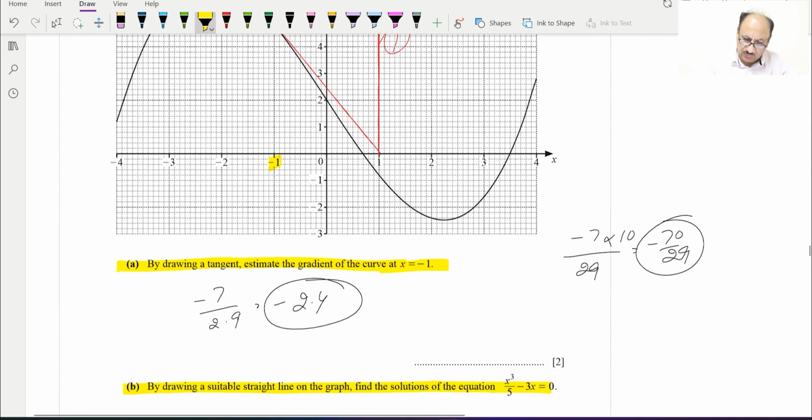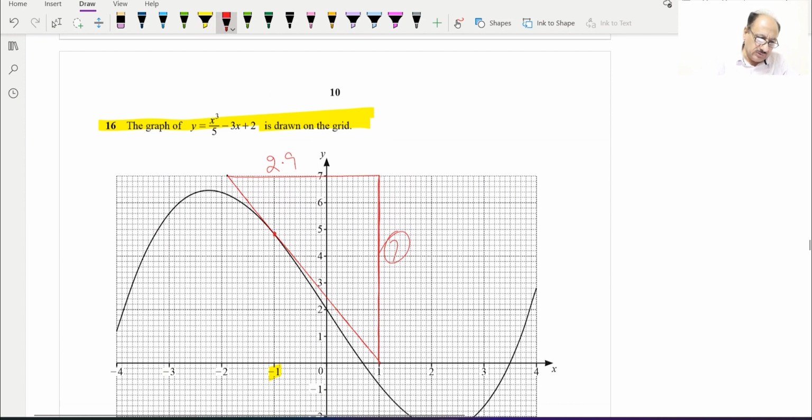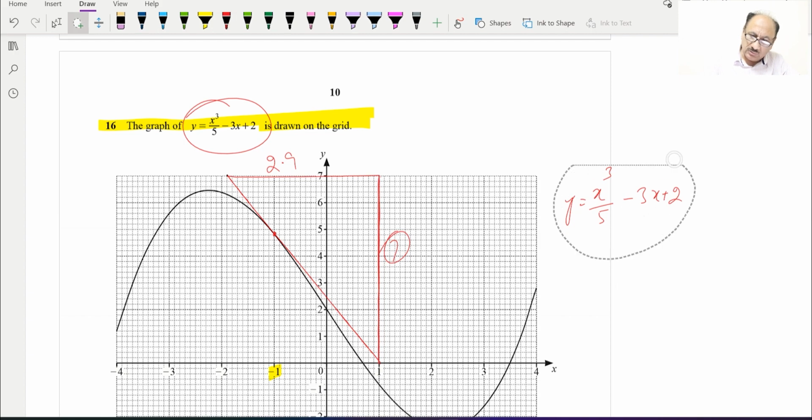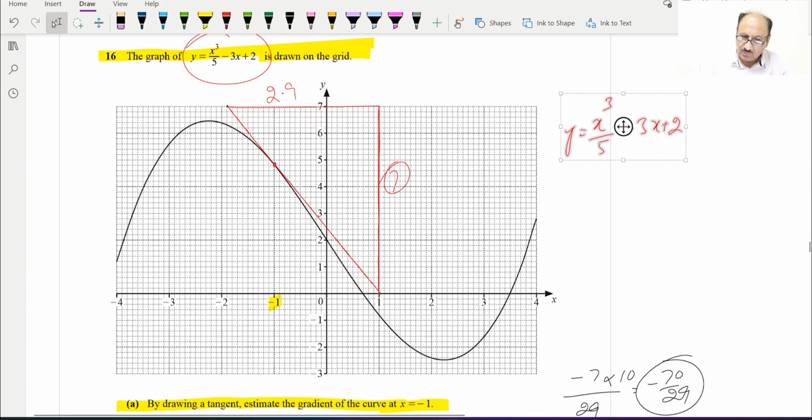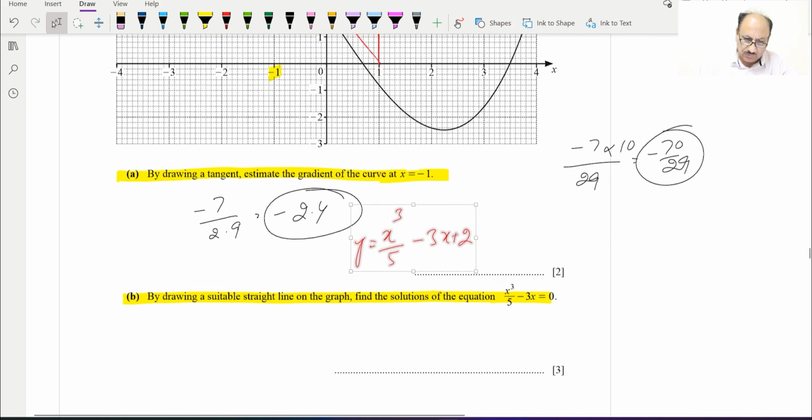So if we check the given equation, I'm copying the equation, y is equal to 5 minus 3x plus 2. So this is the equation, and we can take this equation for our calculations.